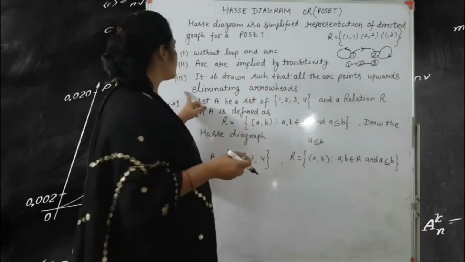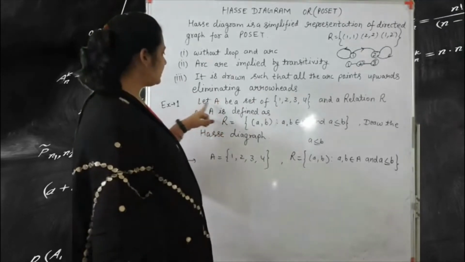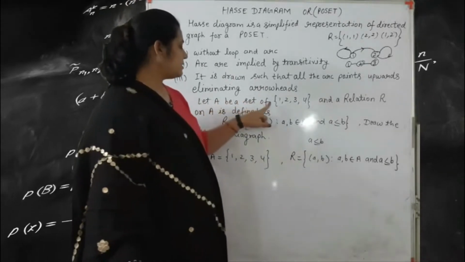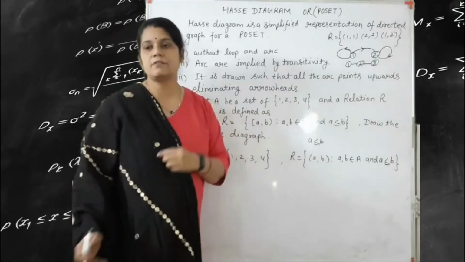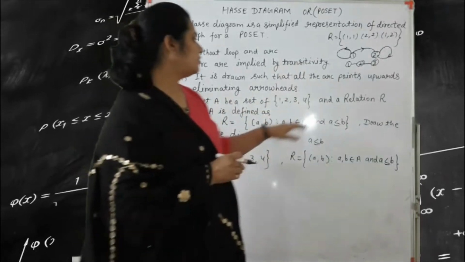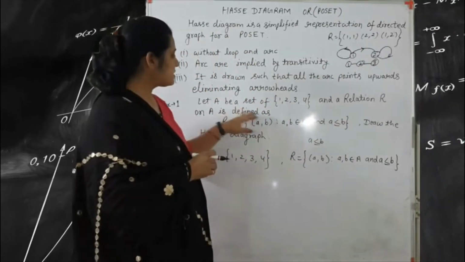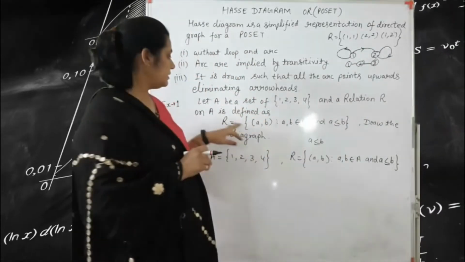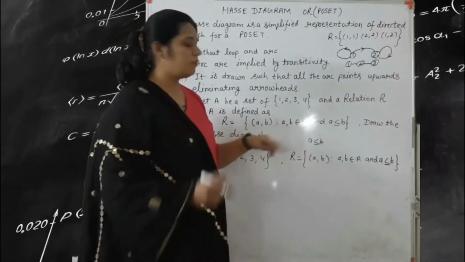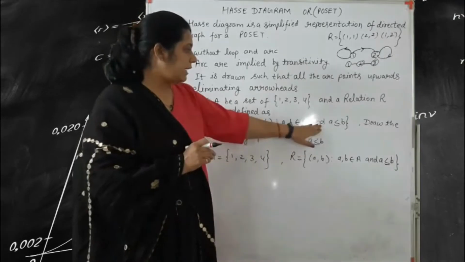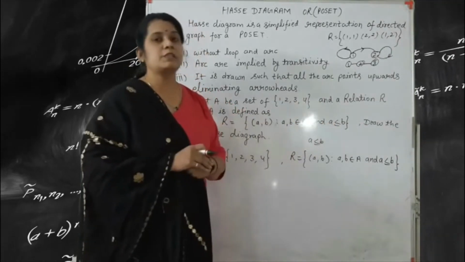So here, for example, let capital A be a set {1, 2, 3, 4}, and a relation R on A is defined as (a, b) such that (a, b) belongs to A and the condition is a less than or equal to b.